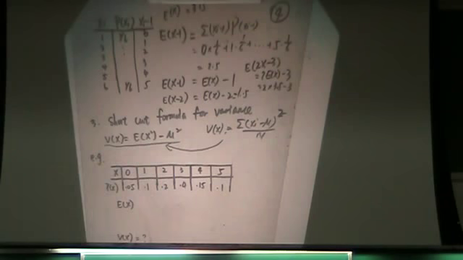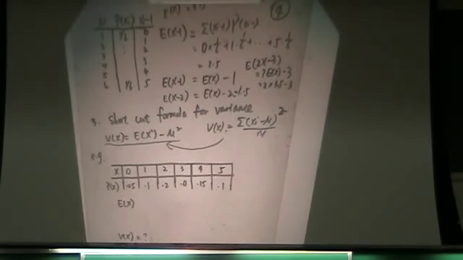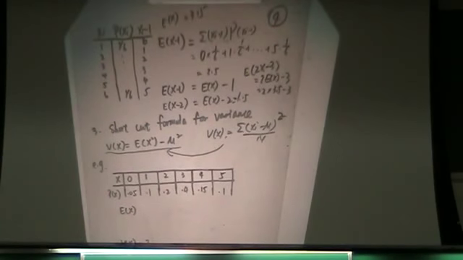Then let's do an example. This example should be on your lecture notes on page 3. Compute the standard deviation of x. If we want to get the standard deviation, we need to get the variance.